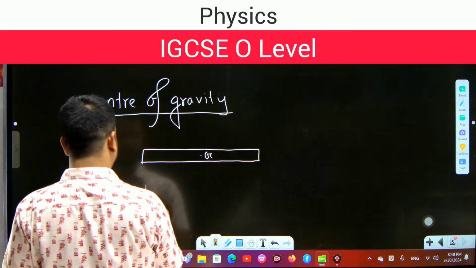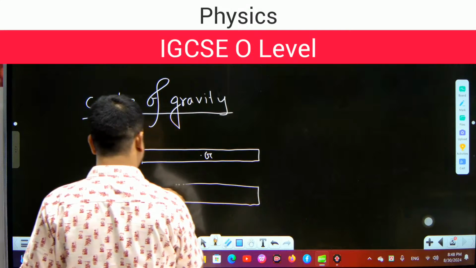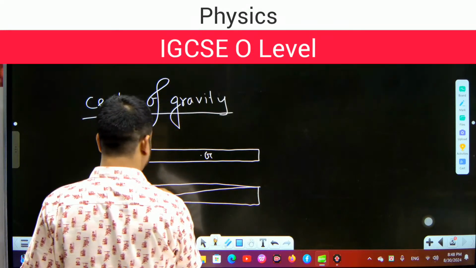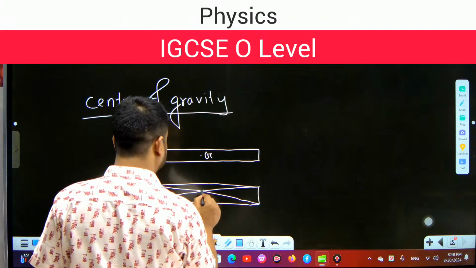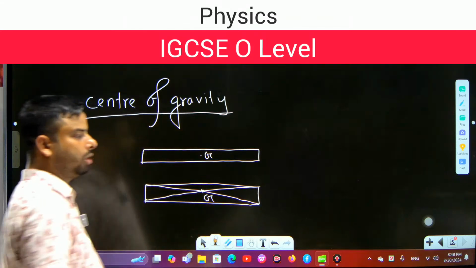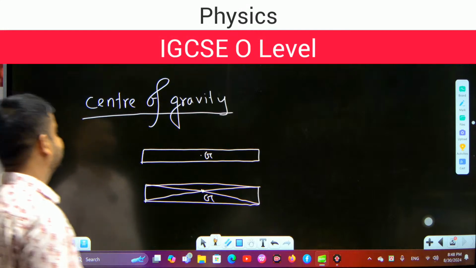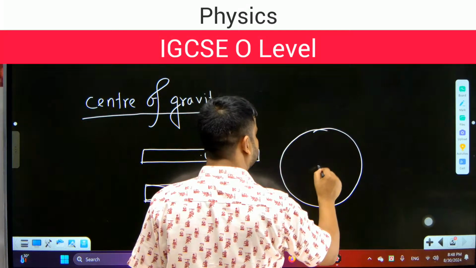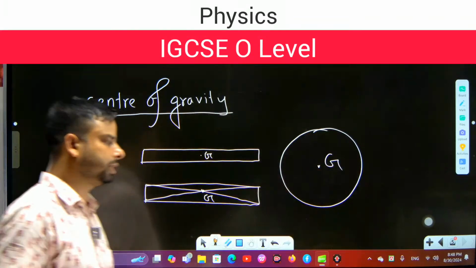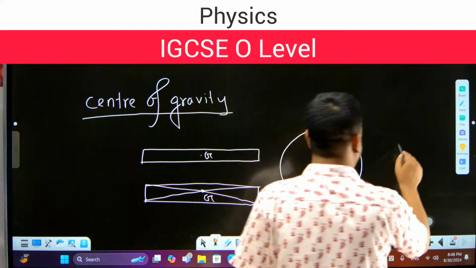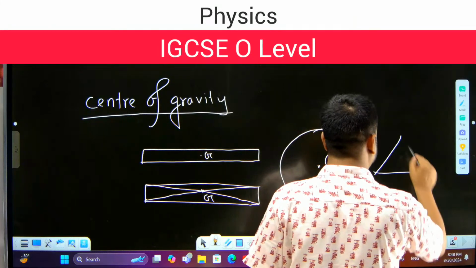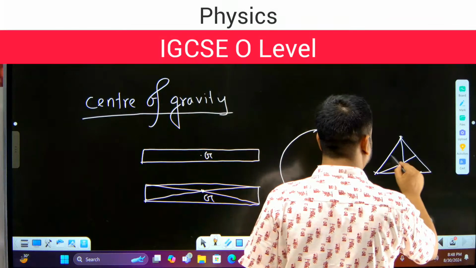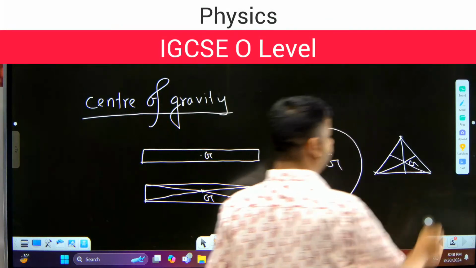The center of a uniform rod is its center of gravity. If this one is a rectangular object, remember if we draw the diagonals of the rectangular object, the intersecting point of the diagonals is the center of gravity. For a spherical object, the center is the center of gravity. For a triangular shaped object, this one is the center of gravity.